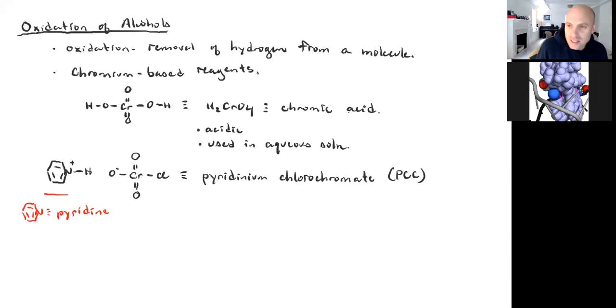And PCC is a nice complement to chromic acid because we can use this in an organic solvent. So, that may seem a little counterintuitive because it is a salt, but the pyridine is quite hydrophobic, and you can easily dissolve this reagent in non-polar organic solvents.